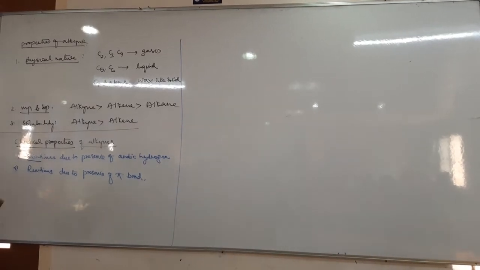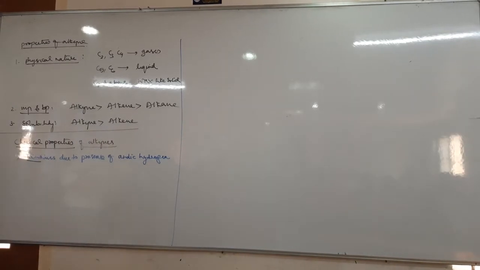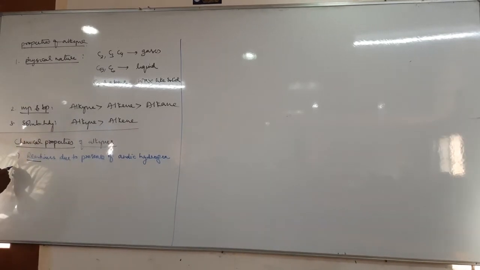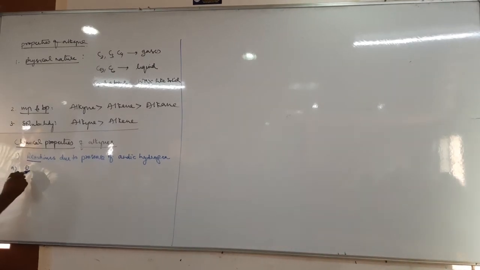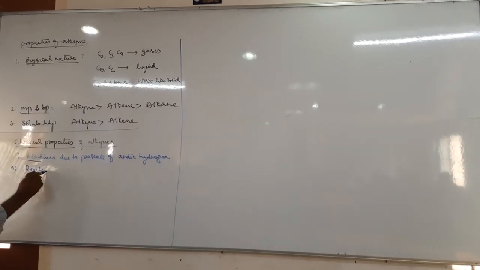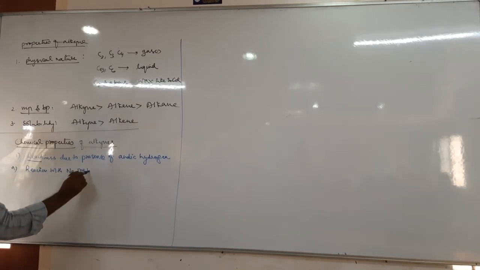Here, which reactions come in this category? Already we have written one: A, reaction with sodium metal. Yes or no? Sodium metal reacts with what? Acids only. Therefore, one, reaction with sodium metal.